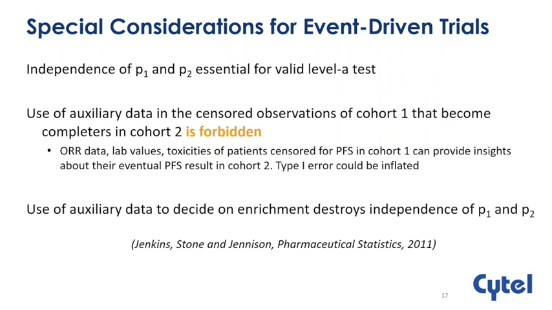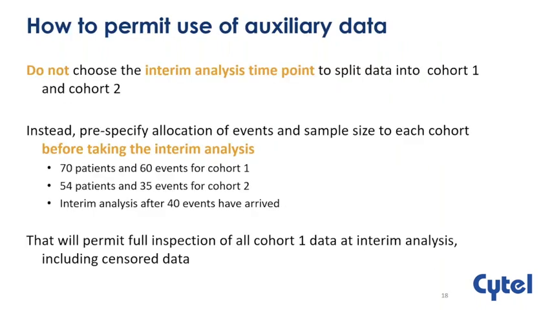But thankfully, Jenkins, Stone, and Jennison in their 2011 paper suggested an alternative and a solution to this. The study population is now split into two subsequent cohorts whose initial sample sizes and PFS events are pre-specified prior to unblinding the data. So we're going to be trying different combinations of number of events and initial sample sizes for each one of the cohorts.